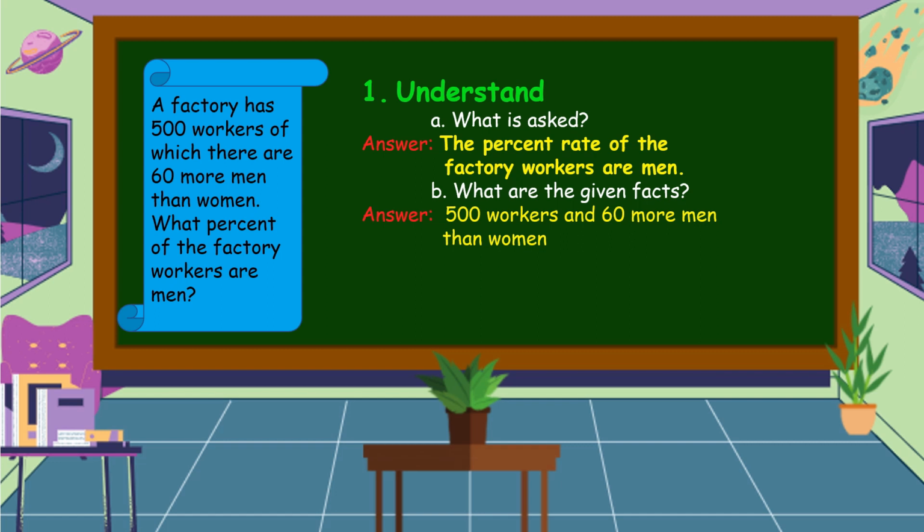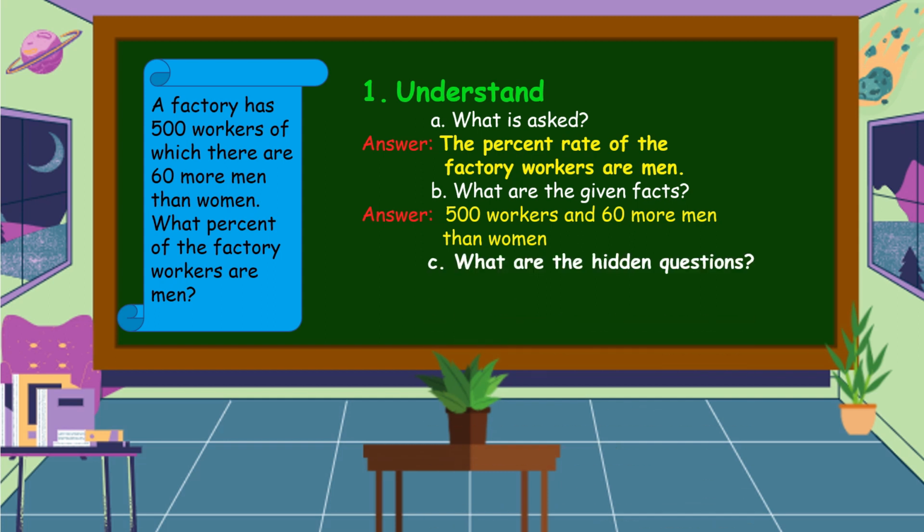So, if we're going to read again our problem, a factory has 500 workers, of which there are 60 more men than women. So, binigay dito yung 500 workers. Yun yung given. Tapos, another given is 60 more men than women. Pero unang tanong, alam ba natin kung ilan ang men? Alam ba natin kung ilan ang women sa factory na yon? So, hindi natin alam.